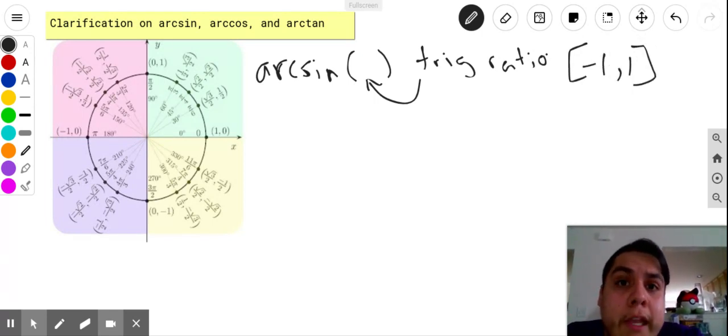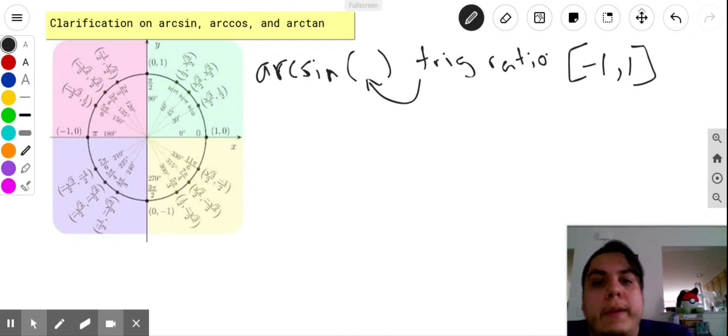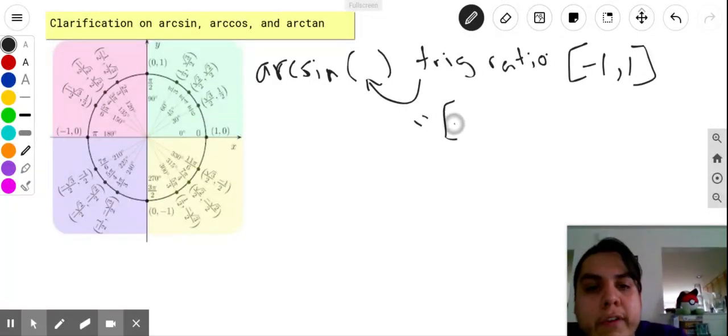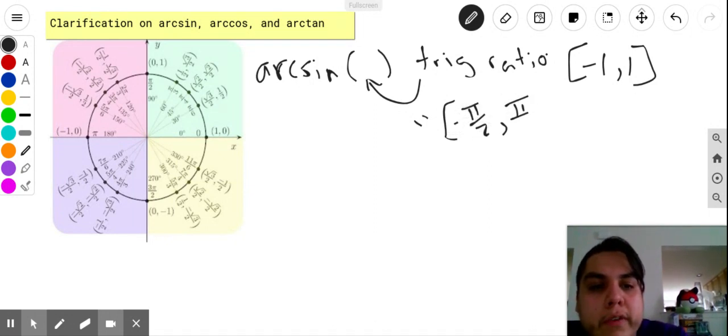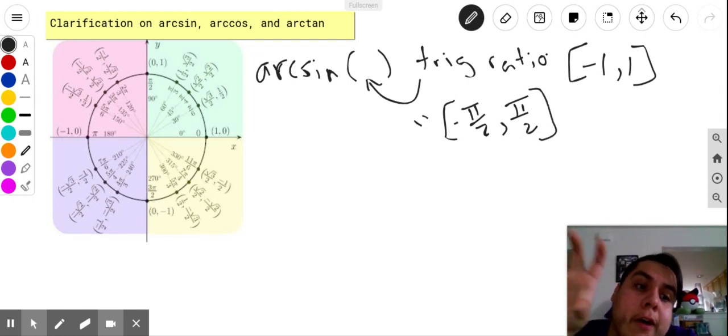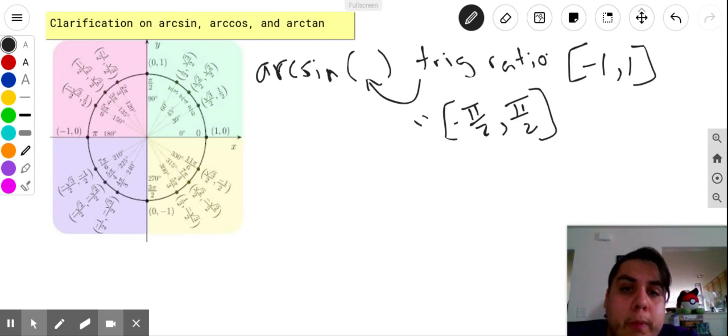And yes, I use brackets because I can have outputs of sine, aka inputs for arcsine, that are exactly -1 and exactly 1. As a result, this will spit out answers ranging from -pi/2 to +pi/2. And let's talk about how this unit circle produces this, right?